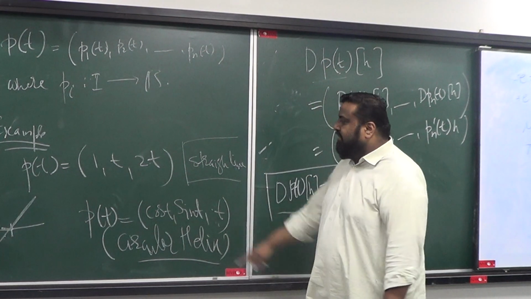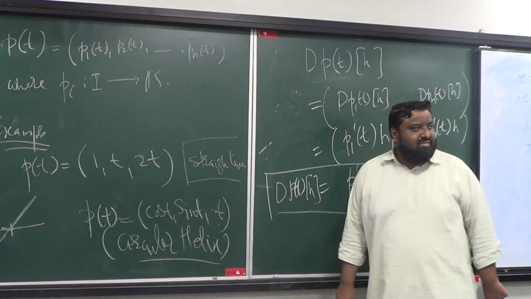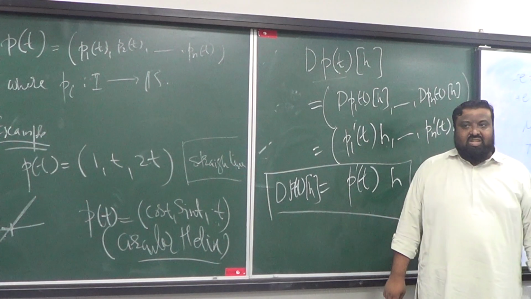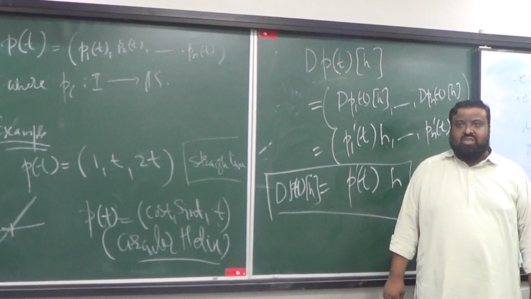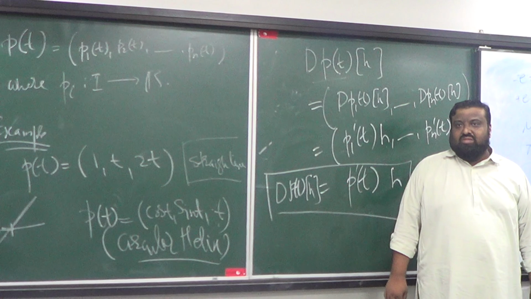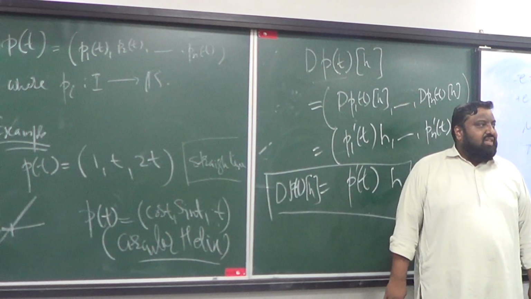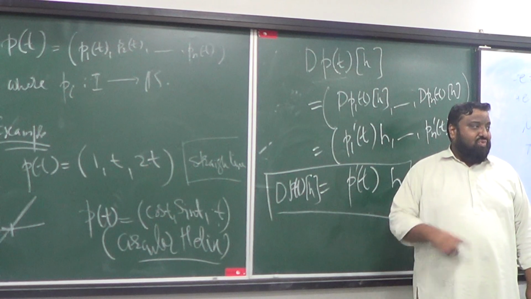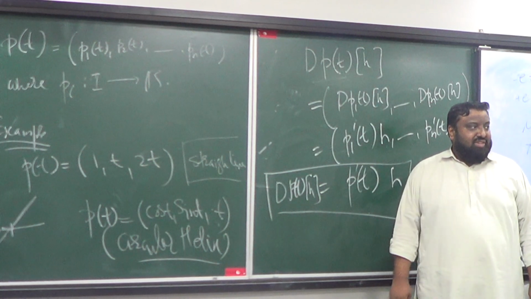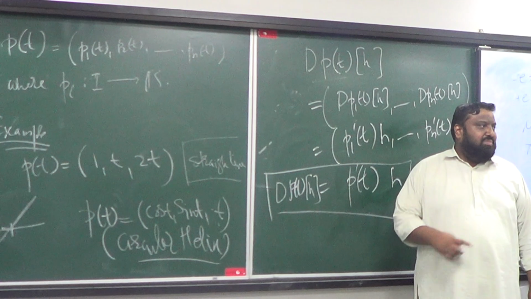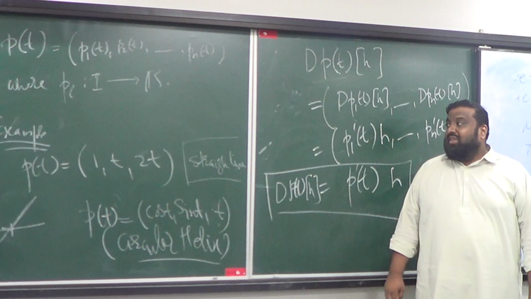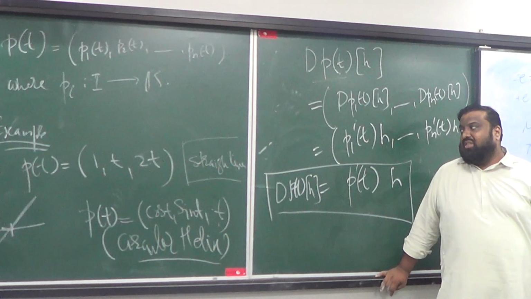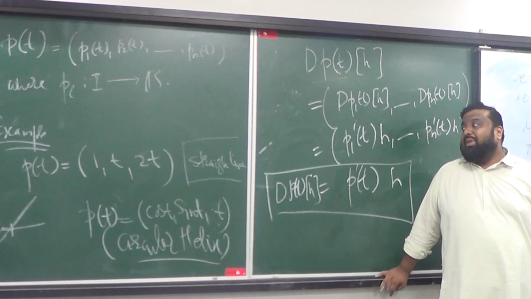So what would be the Frechet derivative of this guy? P of t. So this would be 0, 1, and 2 actually. Okay, 0, 1, 2. So in other words, and it makes sense actually. If a particle is moving on a straight line, you expect it to have a uniform motion.